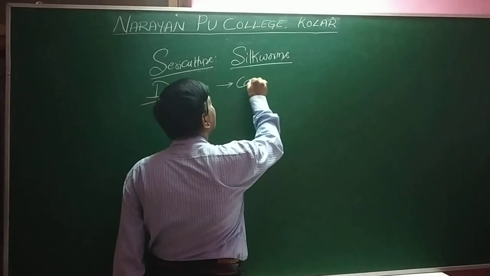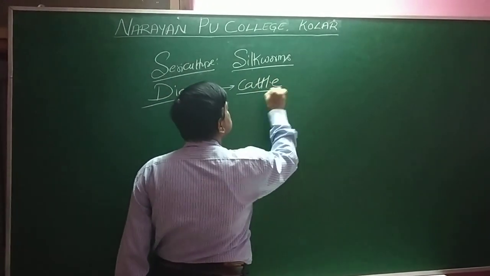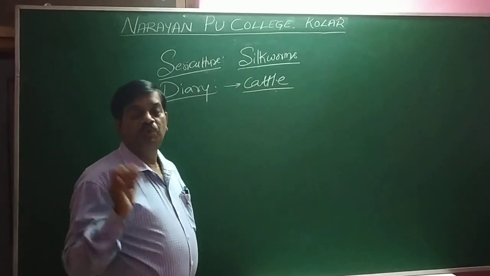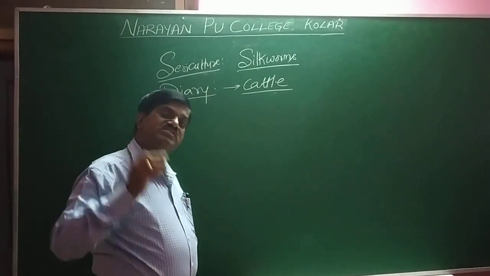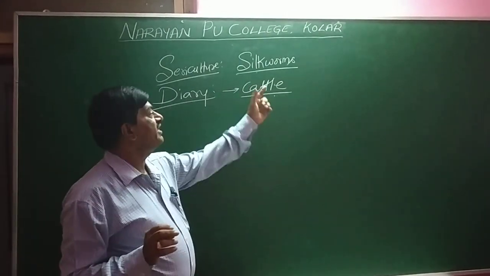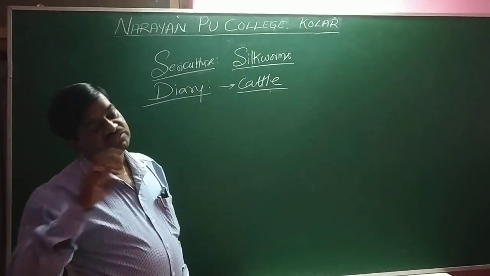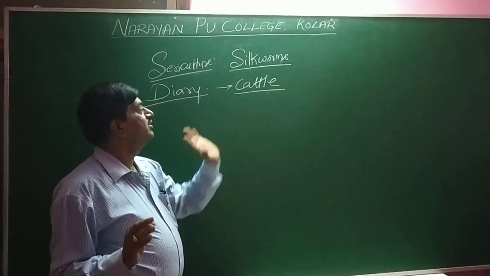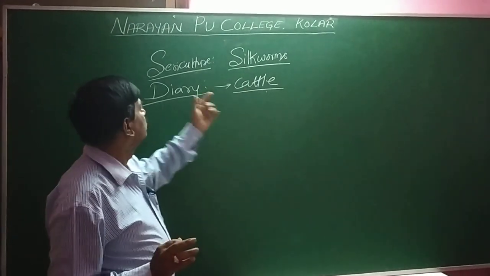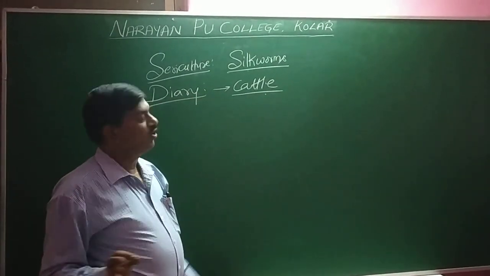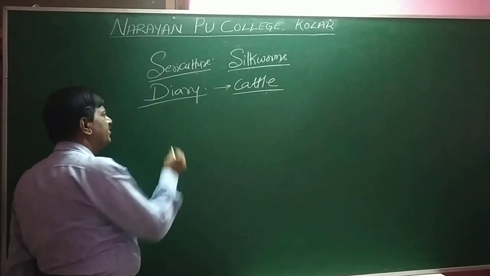Here the cattle is called Bos indicus, and buffalo is called Bubalus bubalis. And the other part deals with the study of milk and milk products, which comes under dairy.